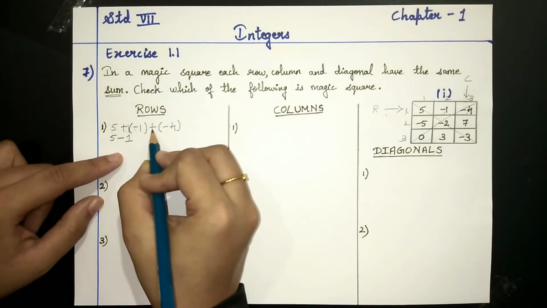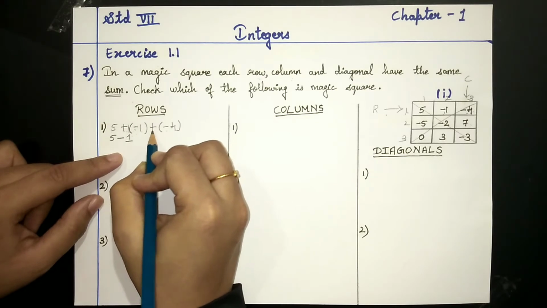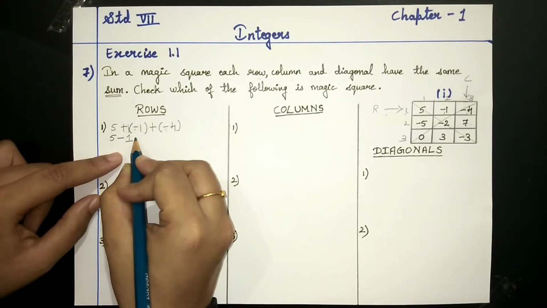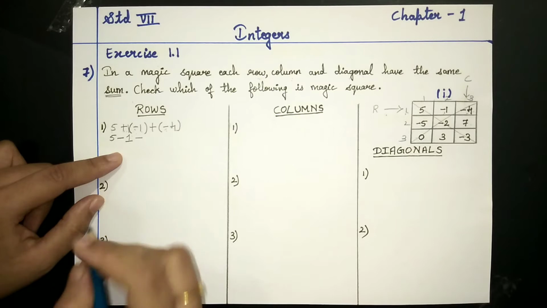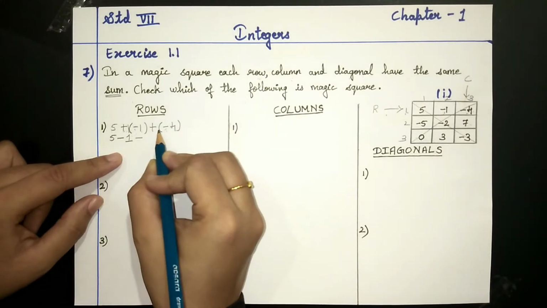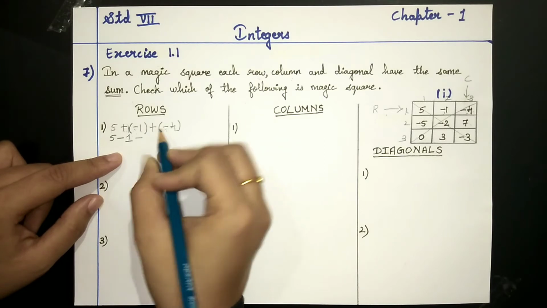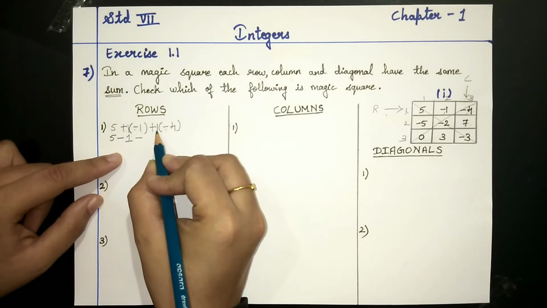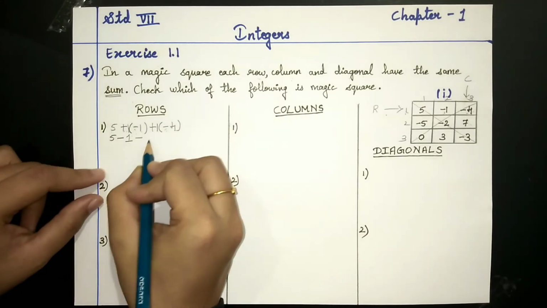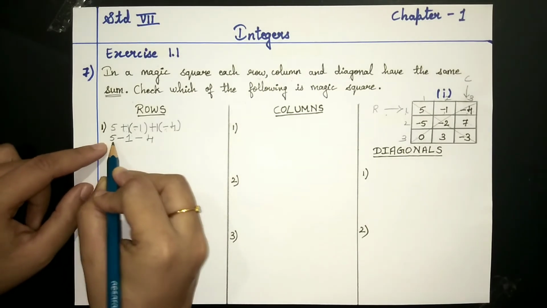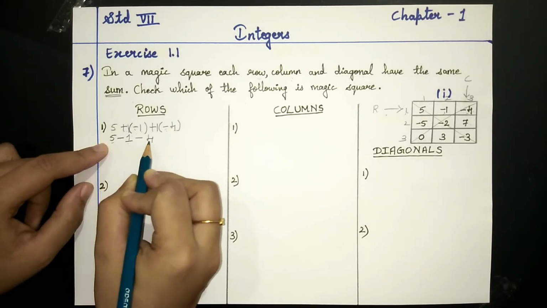Next, here outside the bracket it is plus sign, inside the bracket it is minus sign. Since the signs are different here, we have to put minus sign in the answer, okay. If the signs are different, always put minus sign in the answer. Now outside the bracket there is no number given, so again let us assume the number to be 1, okay. Now multiply. 1 times 4 is how much? 1 times 4 is 4. So now you have 5 minus 1 minus 4.